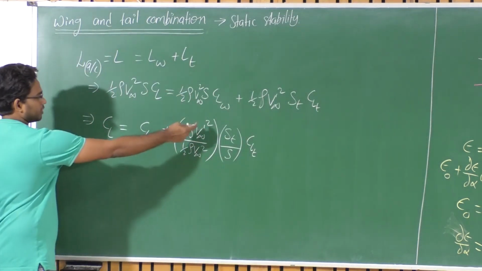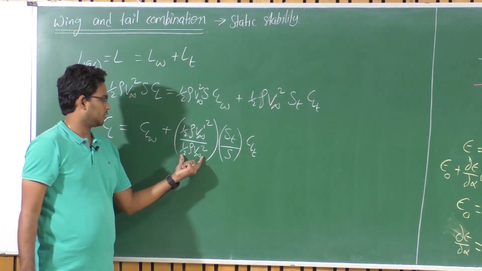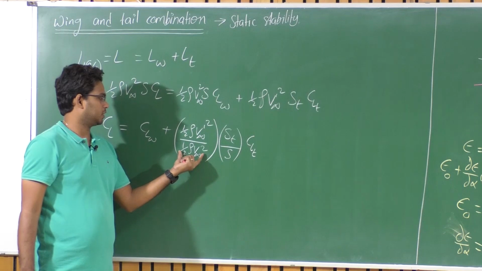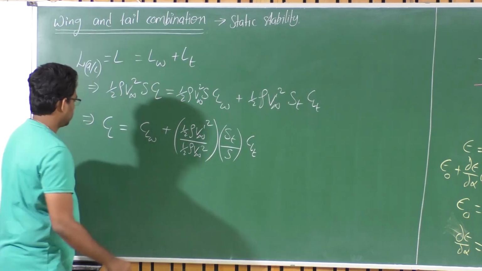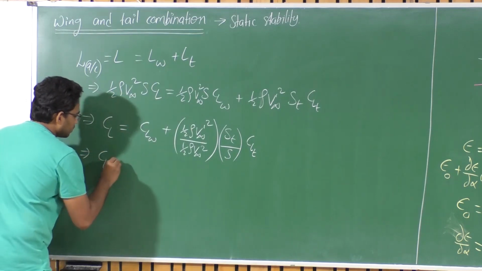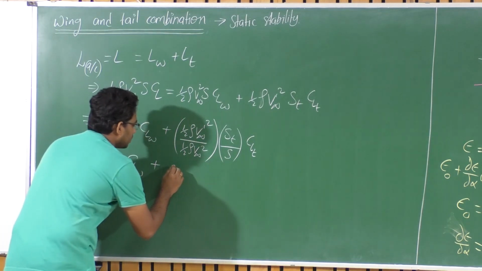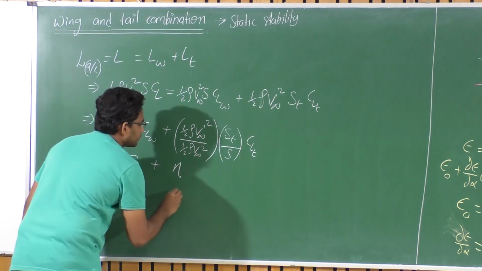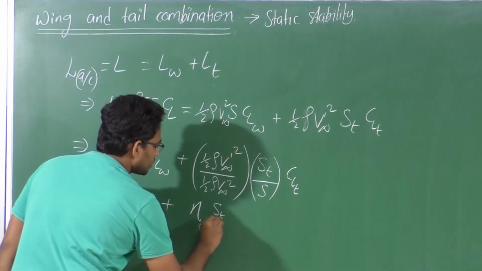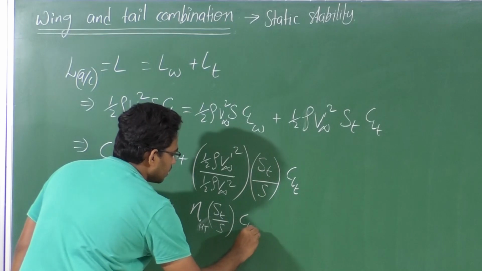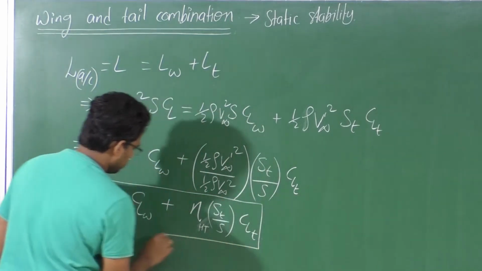So this particular factor, dynamic pressure at the tail upon dynamic pressure at the wing, is known as tail efficiency factor. Okay. So this can be further written as CL of wing plus tail efficiency factor, which is eta of HT, times St upon S times CL of tail. Okay. This is one important expression.